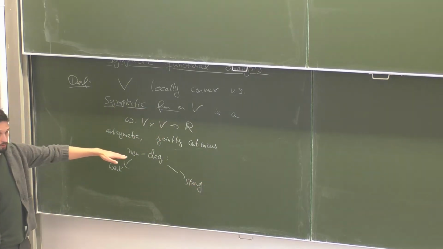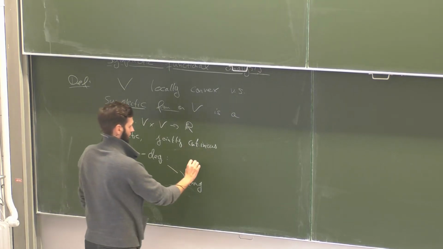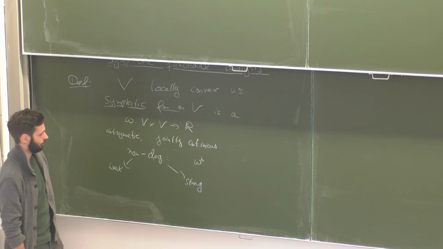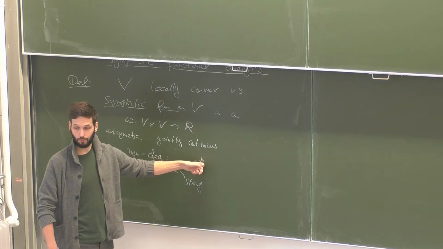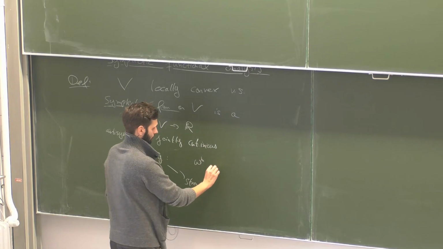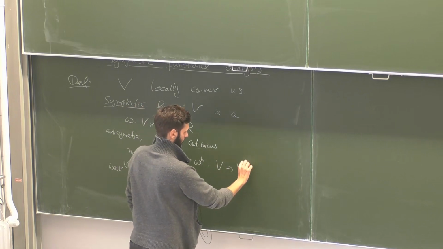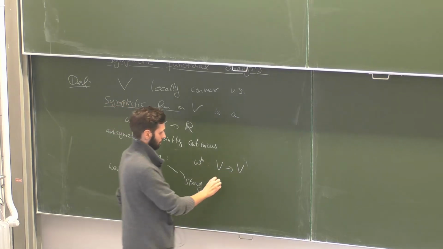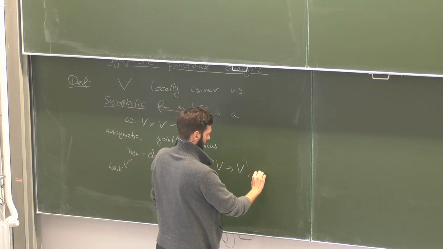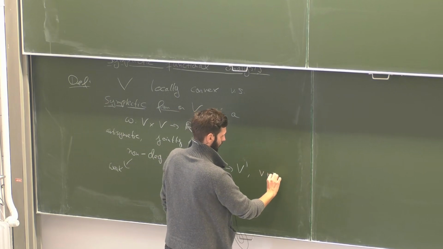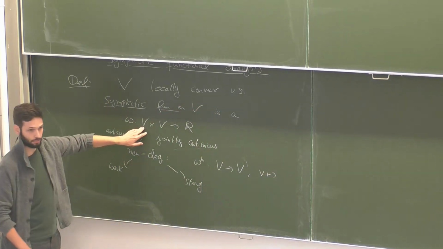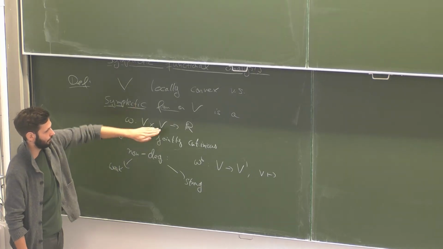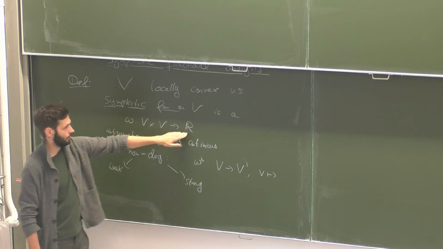The non-degeneracy talks about a map, which is usually called omega flat. That comes from music theory. The map goes from V into its dual, the topological dual. What it does is you send a vector, you plug that vector into, say, the first slot of the symplectic form, and what we get is a map that eats another vector and gives us a real number.